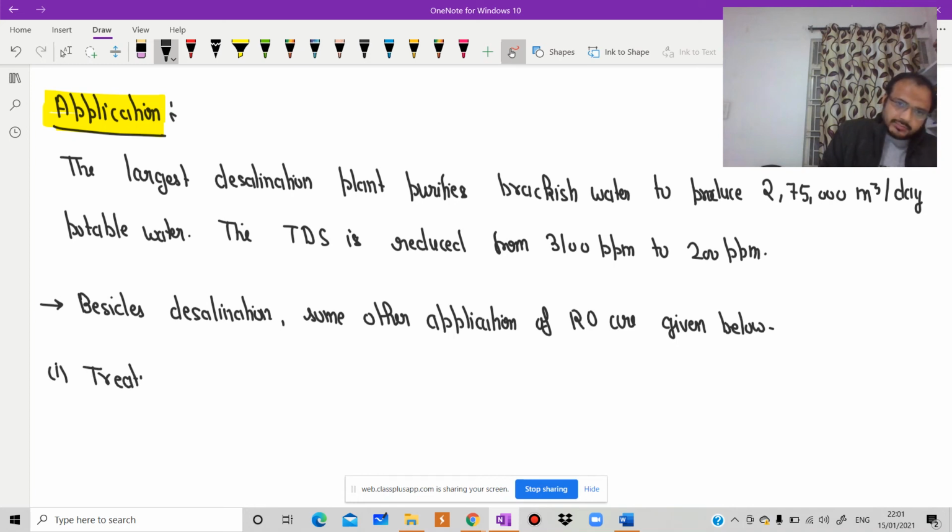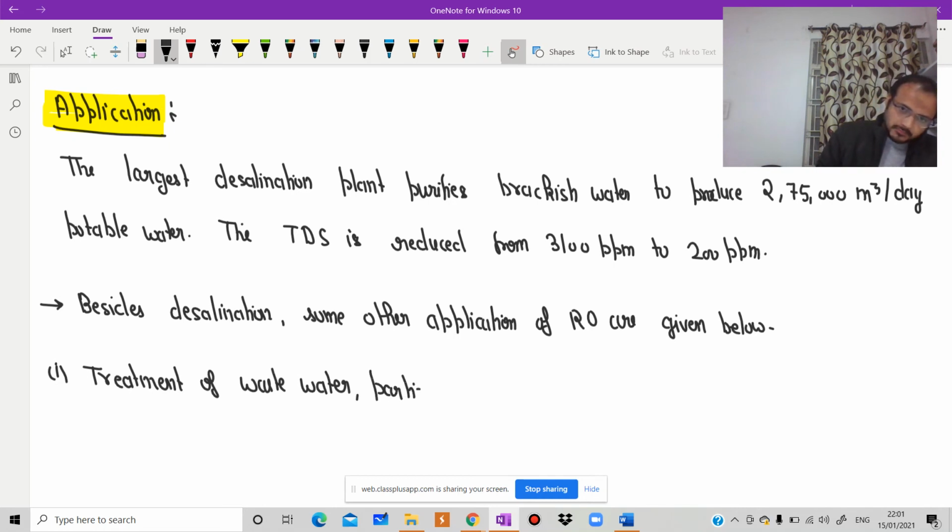Treatment of wastewater, particularly industrial wastewater, to produce polished water for reuse.